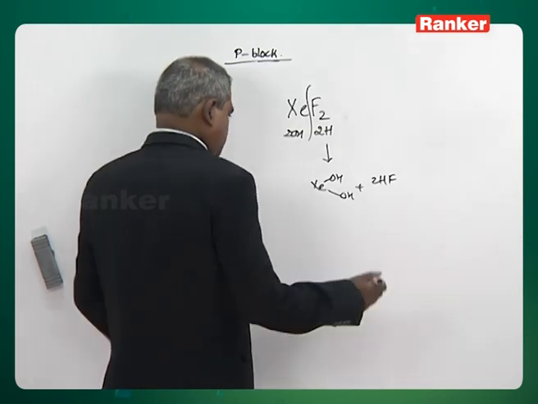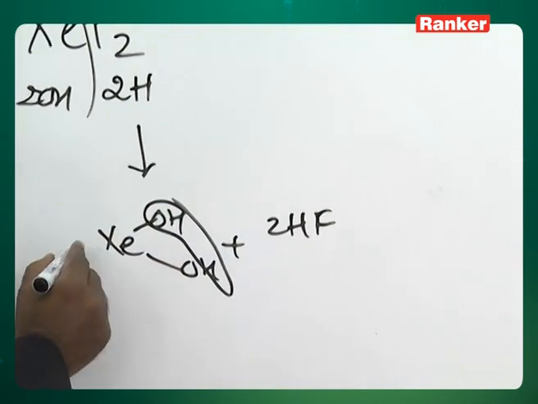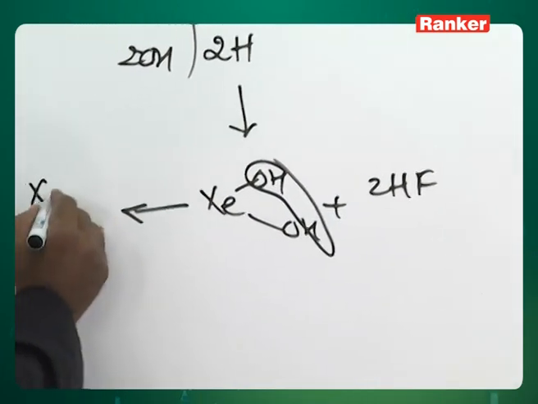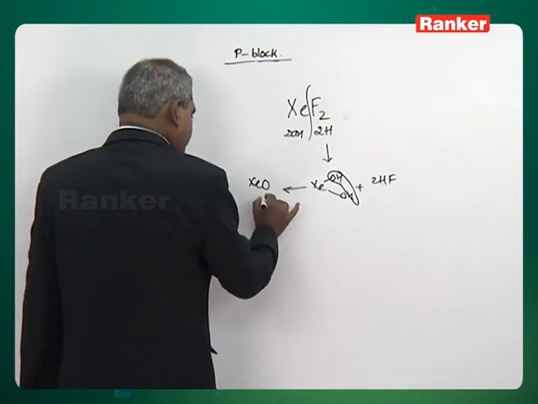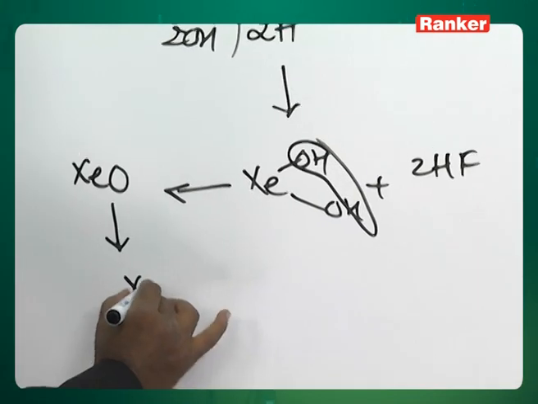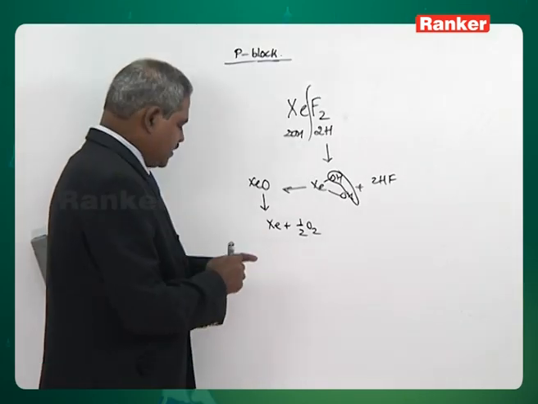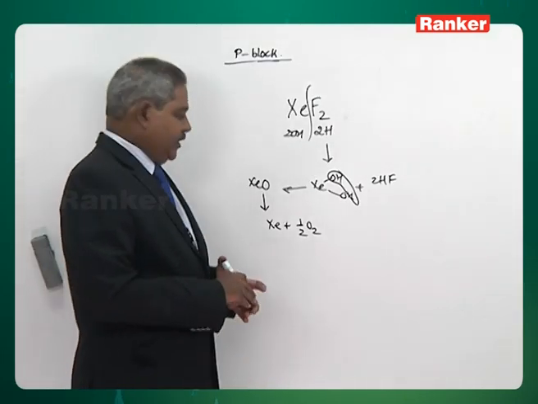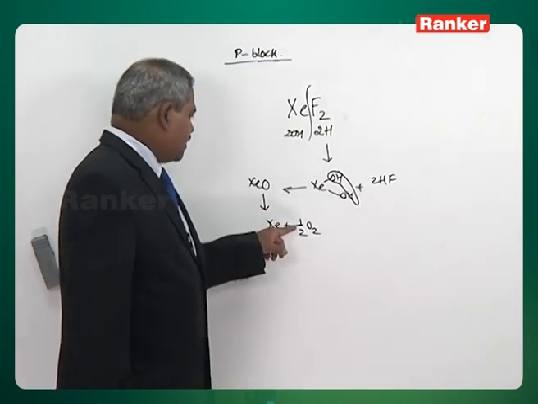Therefore, remove water. You got XeO. Until here we can use the procedure, but in extension it becomes Xe plus half O2. So even that XeO easily decomposes to give xenon plus half oxygen. Our procedure does not contain this.